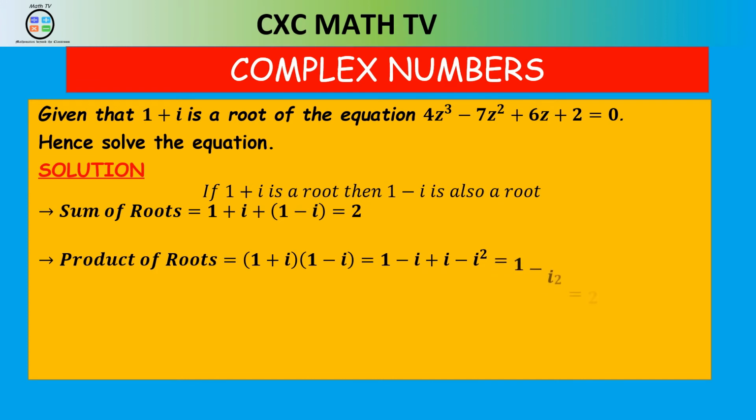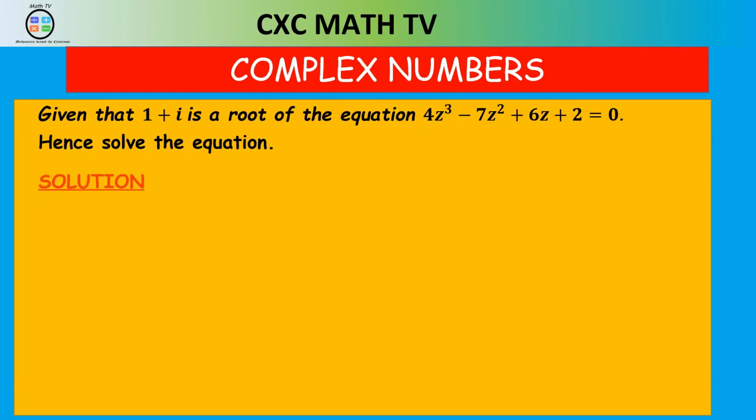Beautiful. Now remember, we said that a quadratic equation when you have two roots is in the form x squared minus the sum of the roots plus the product. So in this case, it's going to be z squared minus the sum of the roots, 2, times z plus the product of 2. Beautiful. So now we have a quadratic factor of this cubic.